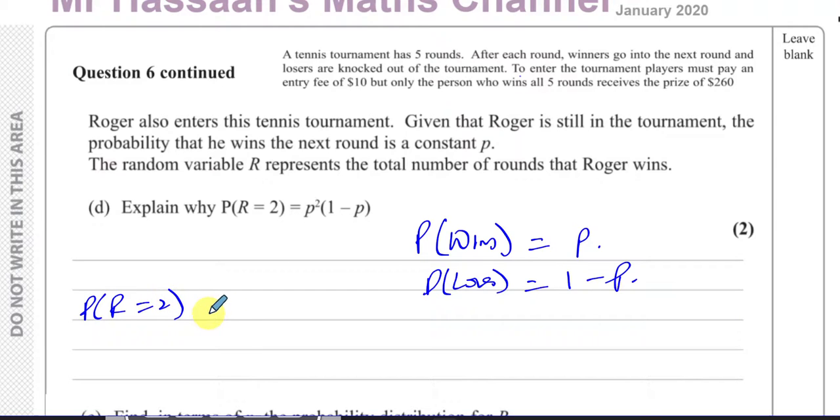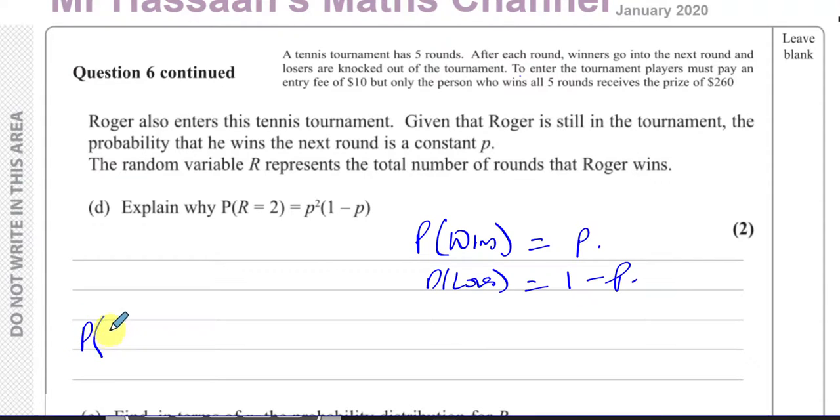R equals 2. Okay, that's equal to the probability that he wins round 1, times the probability that he wins round 2, times the probability that he loses round 3. Let me just explain that again. He's got to round 3 and he's lost round 3.